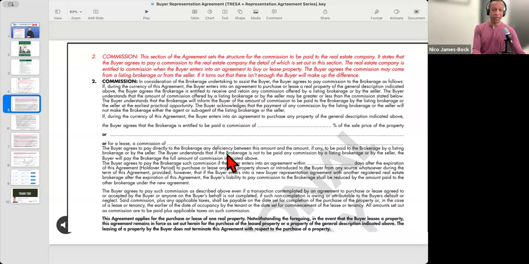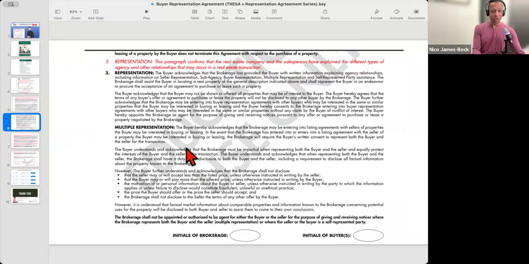For example, if a property is not listed and there is no commission agreement with the seller, then the buyer will take on the responsibility of paying the brokerage and the designated representative for brokering that sale or that purchase.